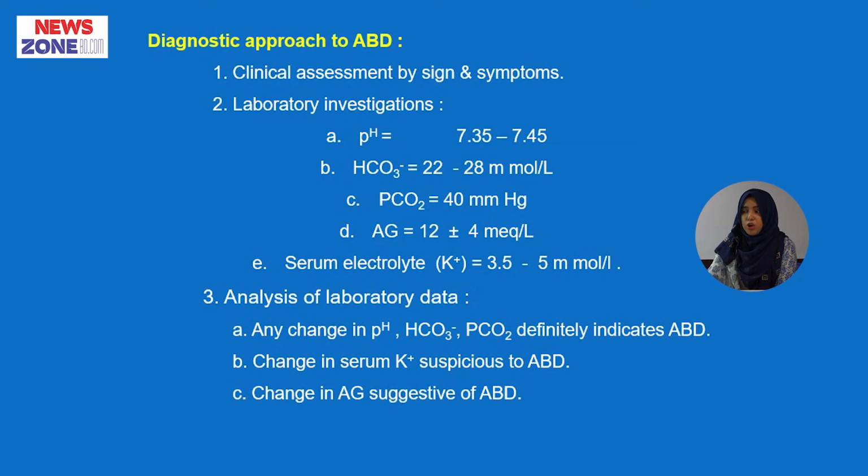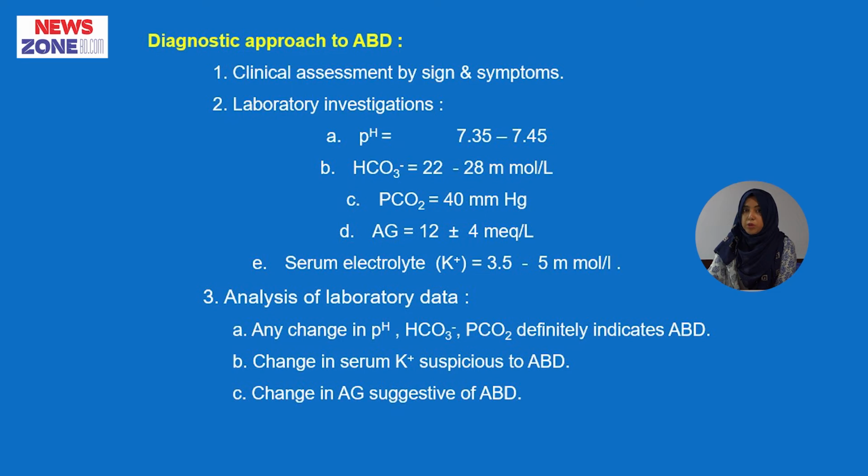The normal range of pH is 7.35 to 7.45. The normal range of bicarbonate ion is 22 to 28 millimole per liter. The partial pressure of carbon dioxide is 40 millimeter of mercury. The normal range of anion gap is 12 plus minus 4 milliequivalent per liter. Normal serum potassium level is 3.5 to 5 millimole per liter.